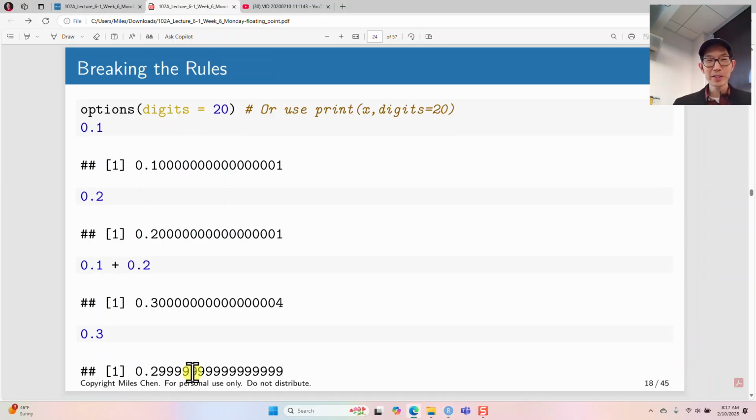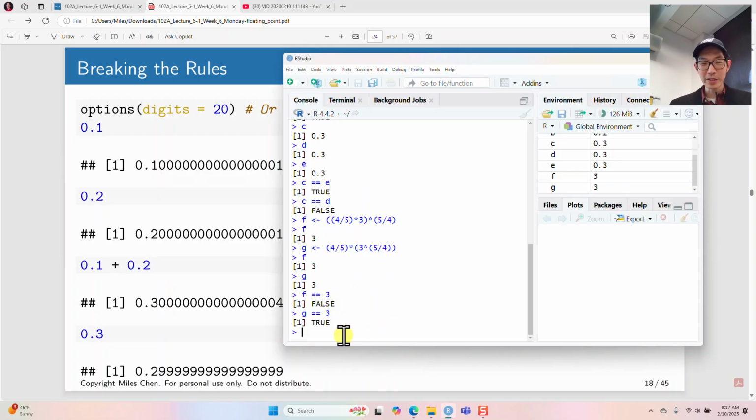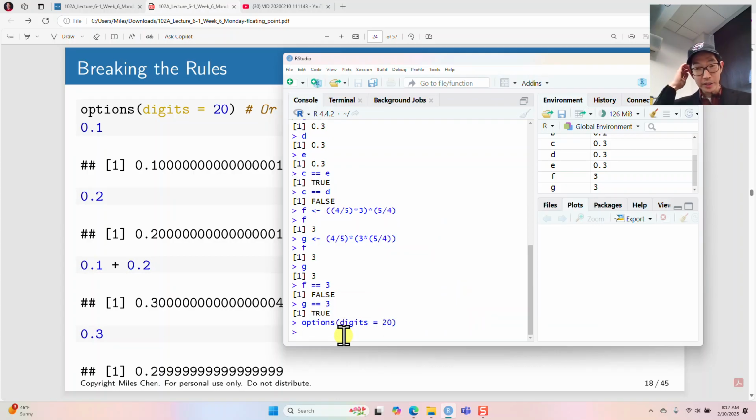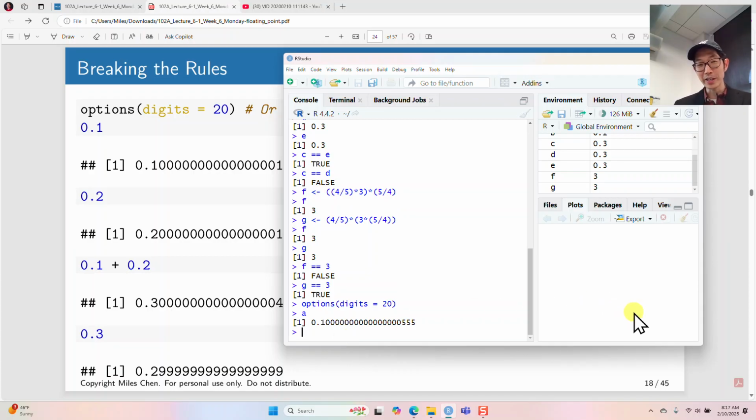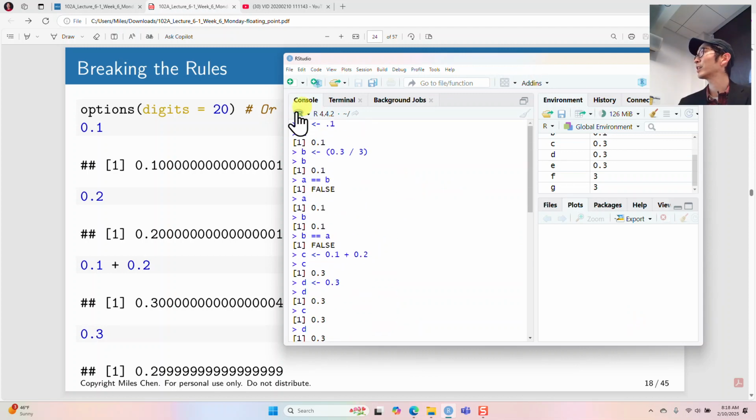So one thing I can do is I can say options, digits equals 20, all right? And then we can see the difference between all these. So A is not 0.1, but it's an approximation. Remember, for A, I just typed in 0.1, but guess what? The computer is actually not able to represent 0.1.